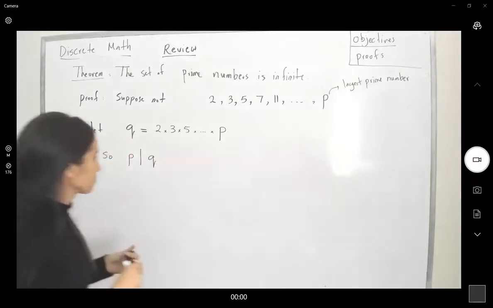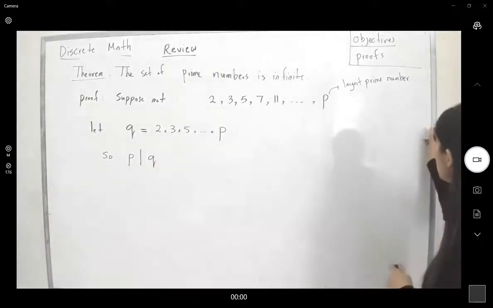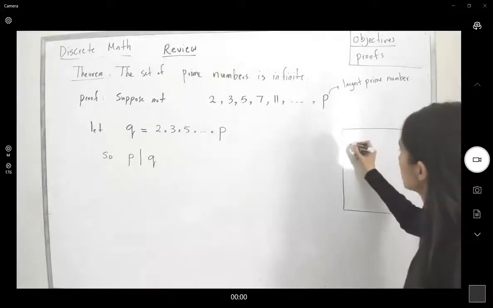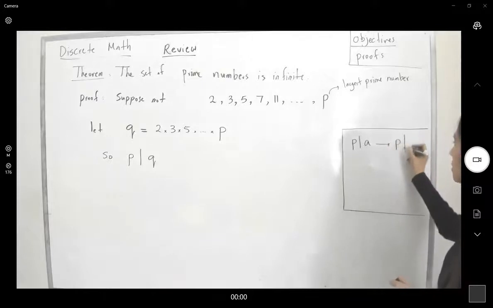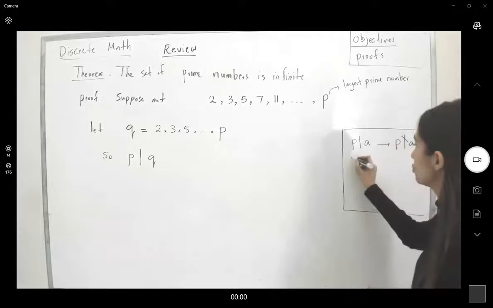Well, now think about it this way. In the previous proposition, we said that if p divides a, then p doesn't divide a plus 1. We just proved this. We're going to use this.